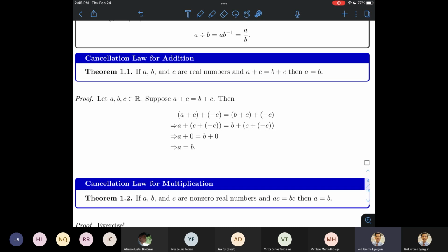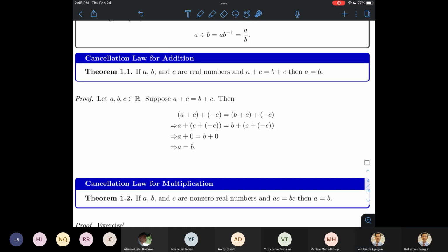But again, these results are very, very elementary. So their utility or significance in our discussion is a review of the proof techniques. Because in the entirety of Math 155, our bread and butter would be proving things. So it's important that we recall the different possible ways of proving statements.